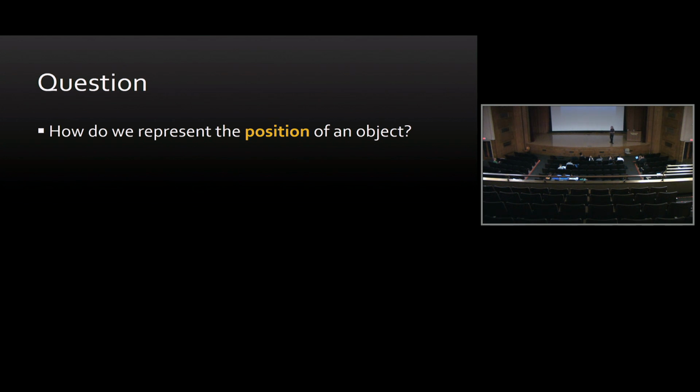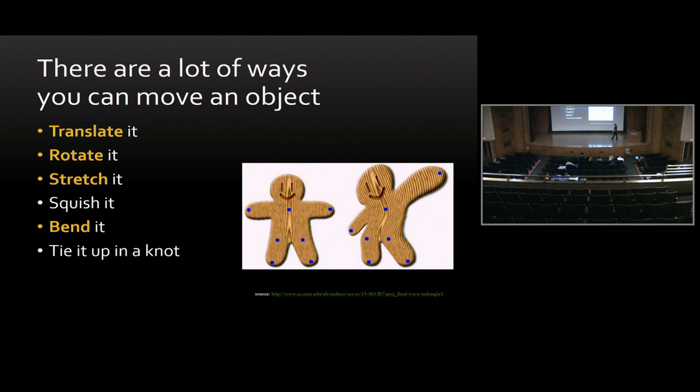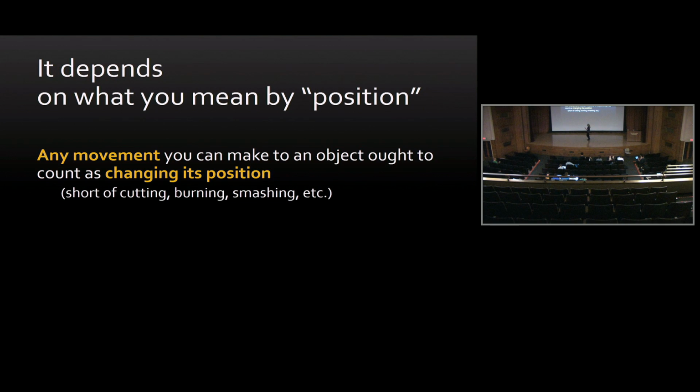But in some sense, the informal notion of position, like if you haven't taken physics or vector math class, then you think of this as being a different position than this, and this as being a different position than this, and this as being a different position than this. And so the term that often gets used, so if we want to take position to mean movements you can make in the object, short of like setting fire to it.